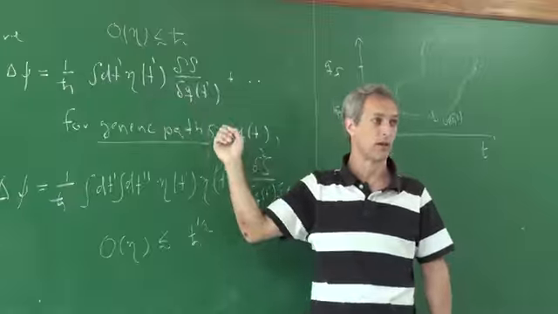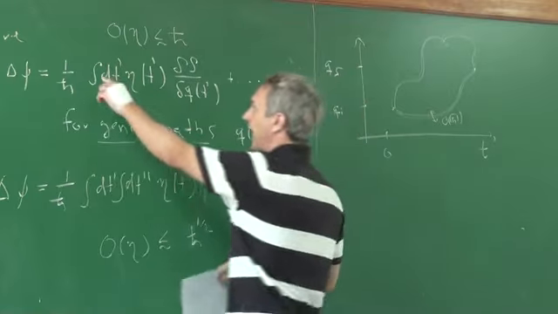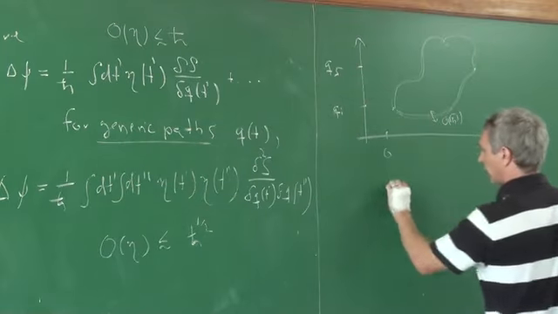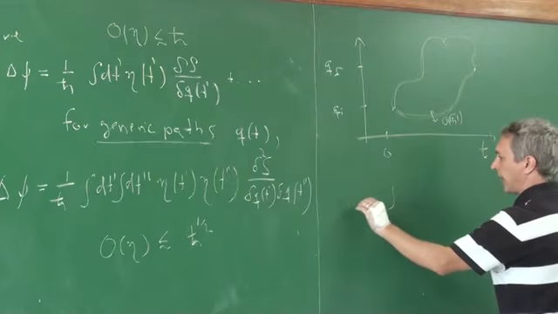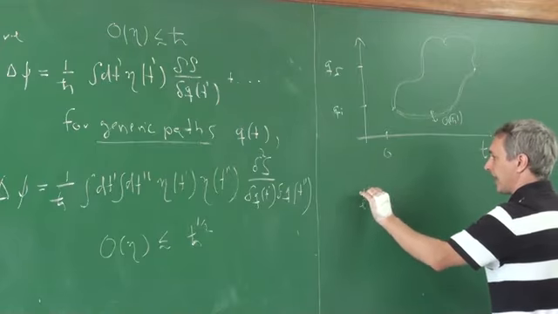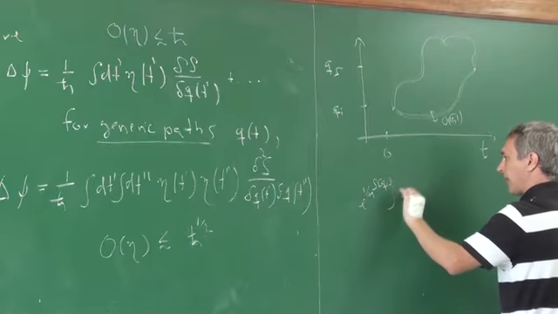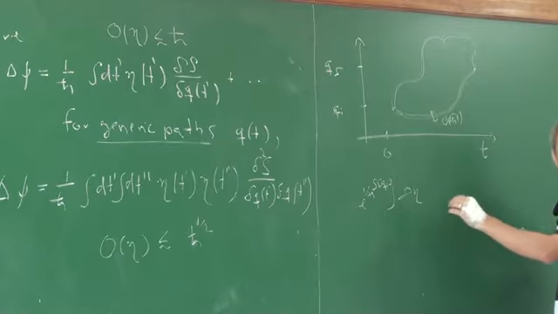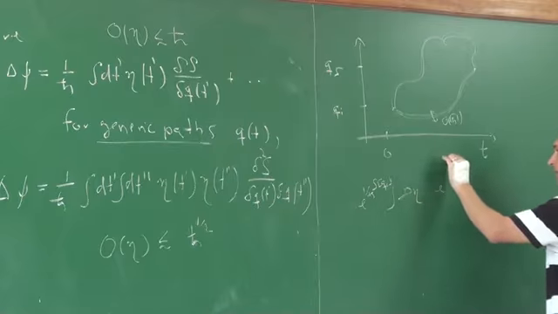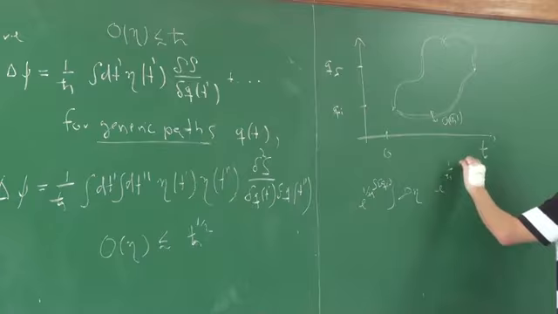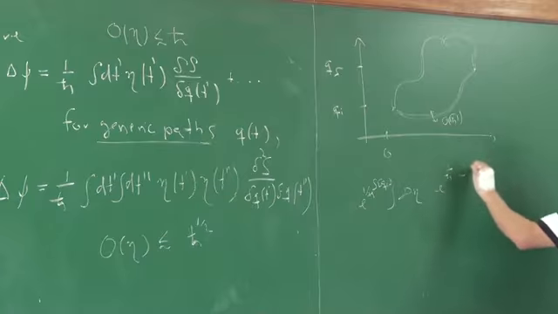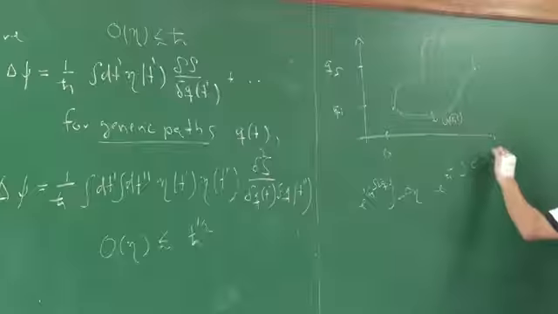So here what we will have is a path integral. We have a contribution from the classical action, and then a path integral over the fluctuations eta, with a factor 1 over h bar, and then some classical scale, let's call it c, times eta squared.